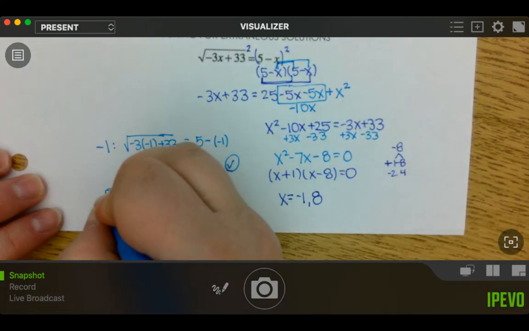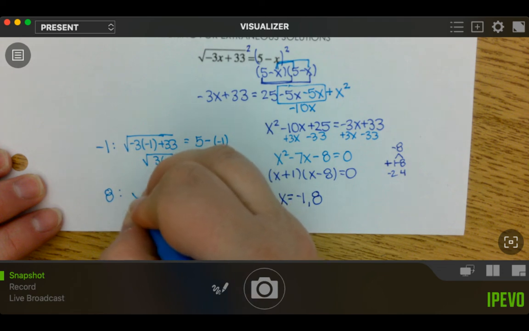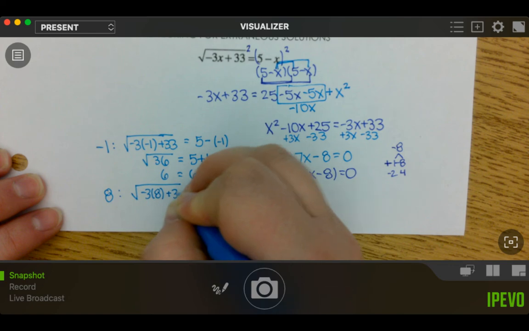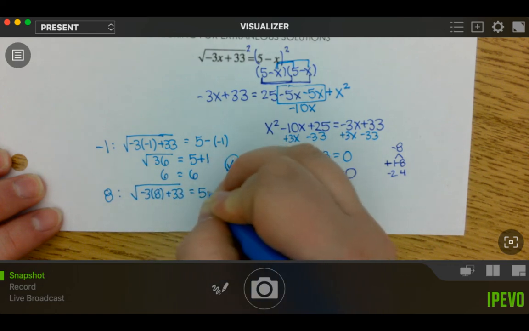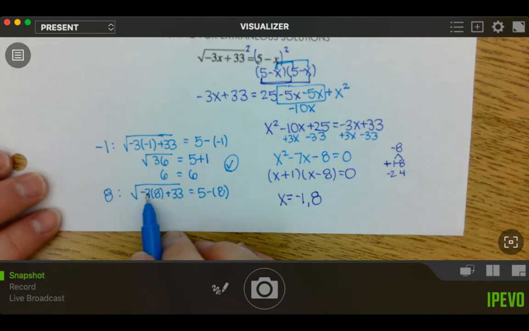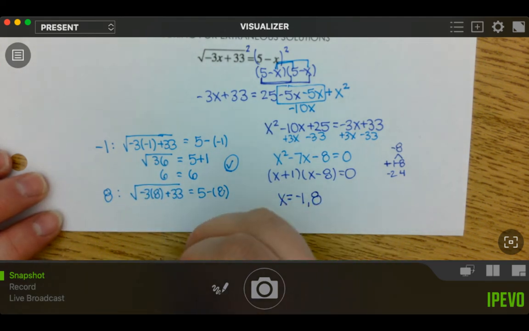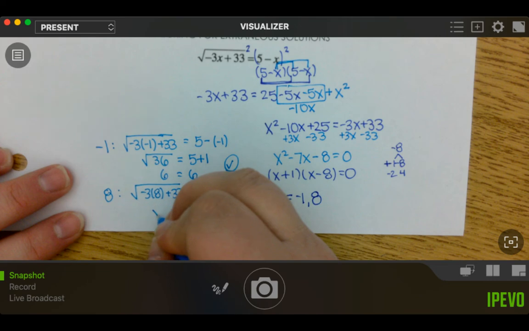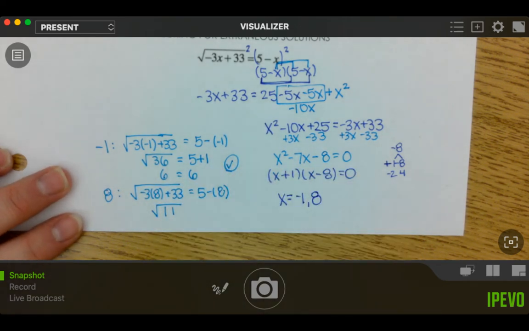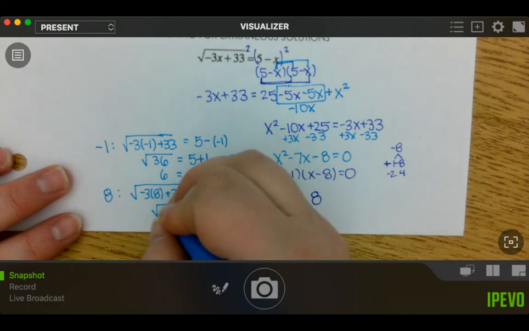And then I do the same thing with the 8. So that's going to be -24 plus 33. -24 plus 33 is 11. And then, sorry, it's definitely 9, not 11.